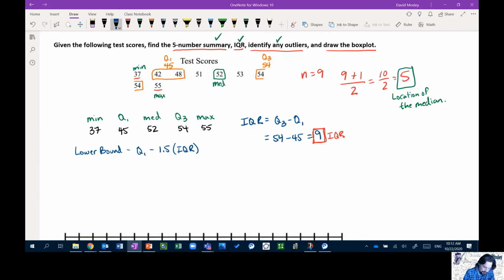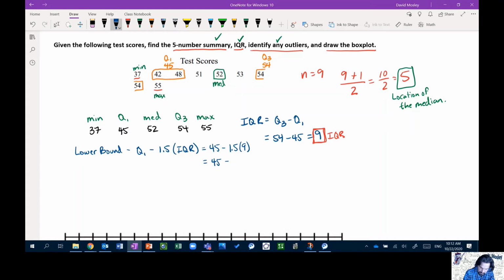And in this case, that will be 45 minus 1.5 times 9, which is 45 minus 9 plus half of 9, which is 4.5.